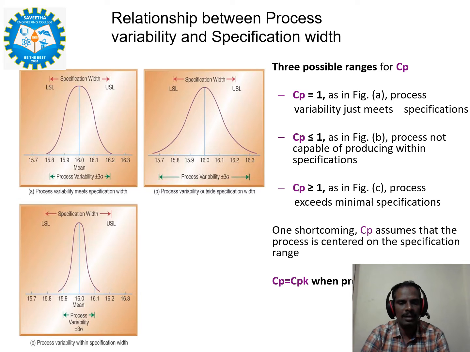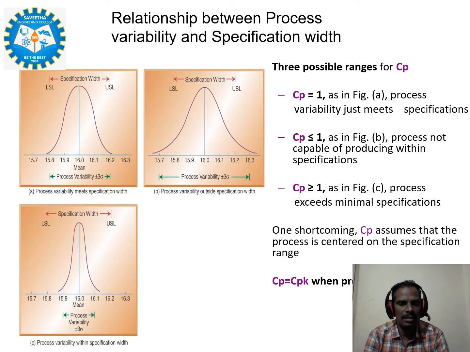The second graph, graph B, indicates the process variation outside the specification limit, where the peaks extend beyond the 16.2 limit, and on the left-hand side also beyond the 15.8 value.